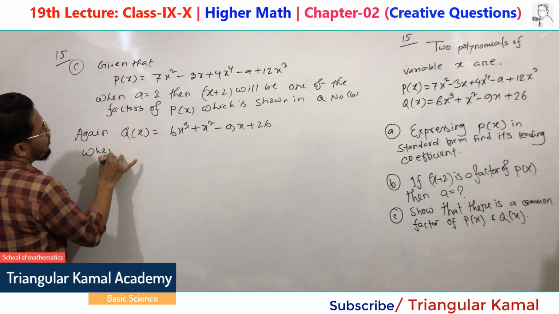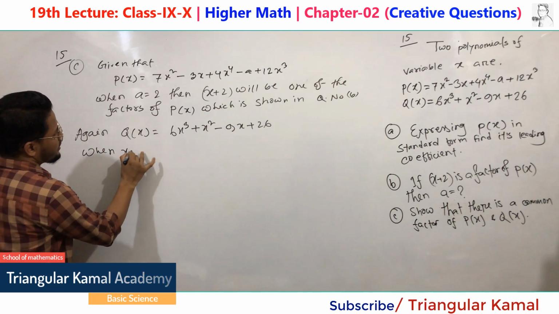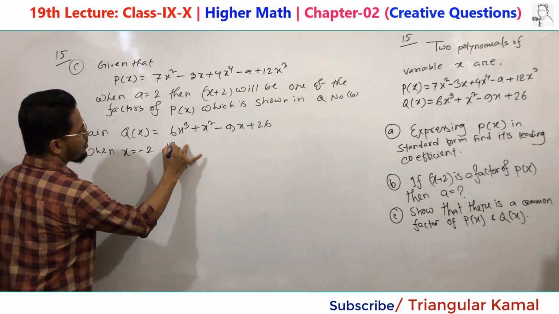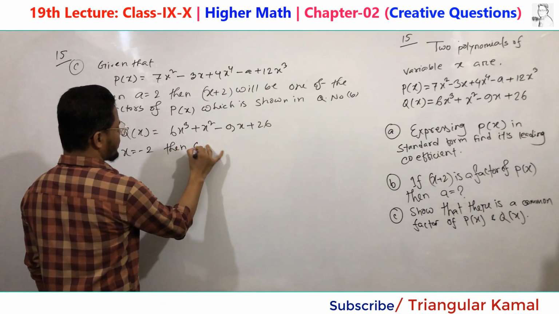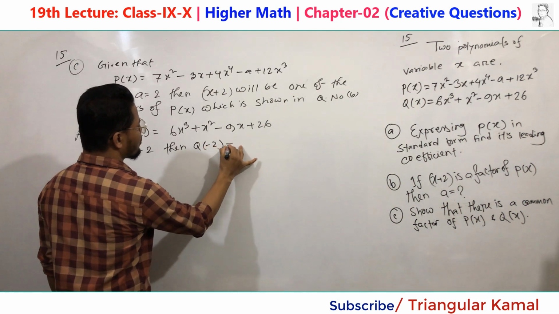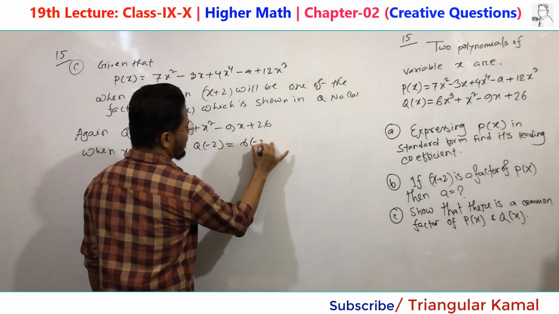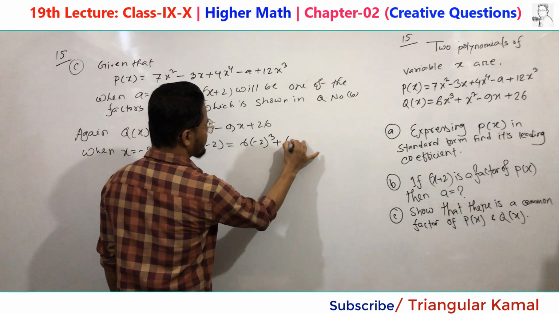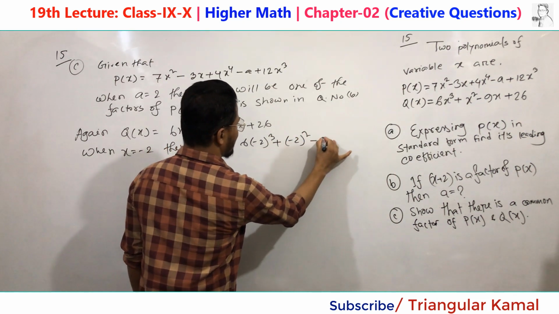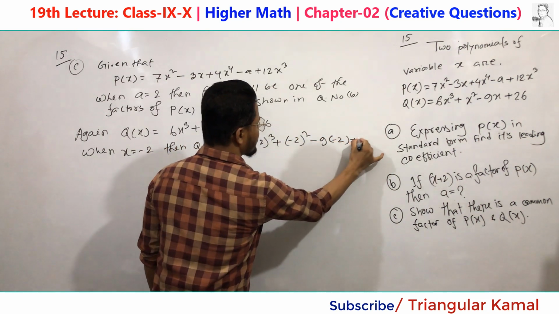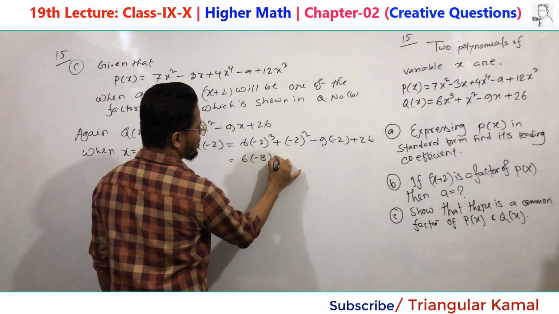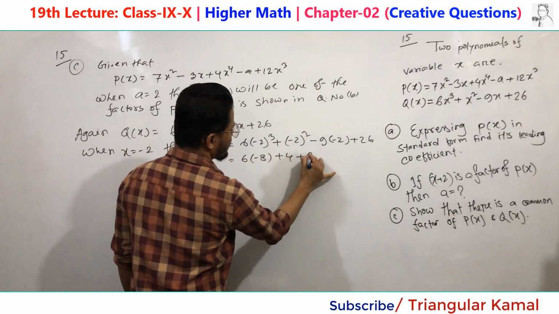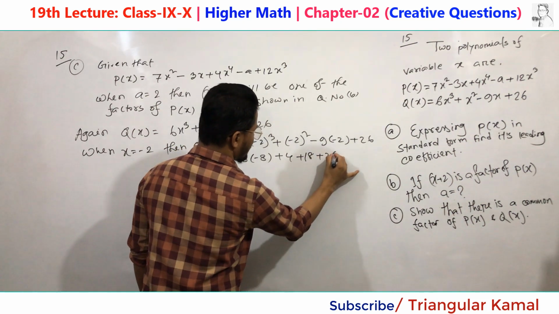When x equals minus 2, then q of minus 2 equals 6 times minus 2 cube plus minus 2 square minus 9 times minus 2 plus 26. Then 6 times minus 8 plus 4 plus 18 plus 26.